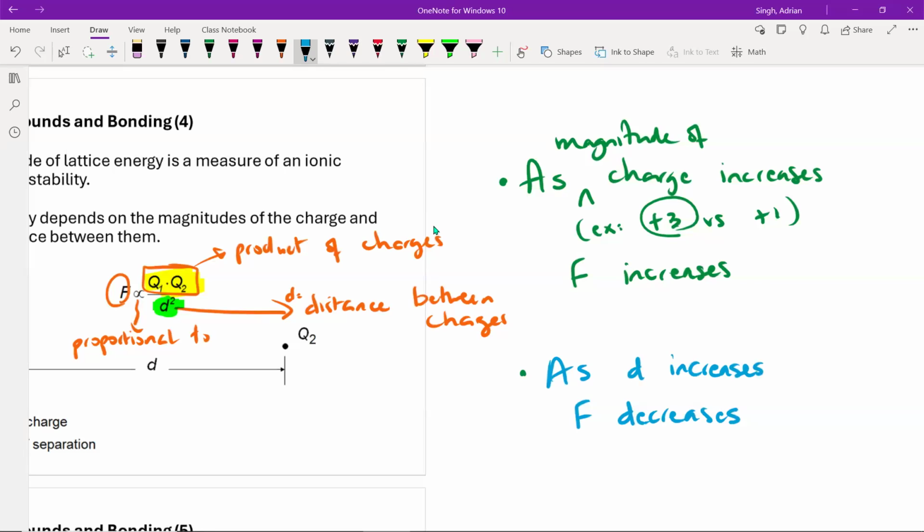As D decreases, as the denominator gets smaller, the force of attraction will increase, because now you're dividing by a smaller value. In other words, this is another way of stating it: if the charges are close together, then the force of attraction is high.